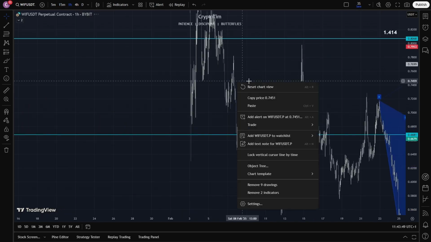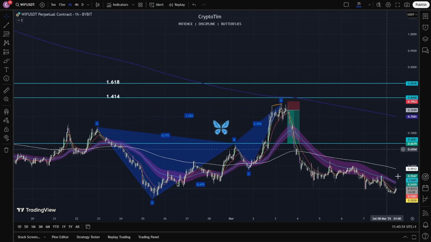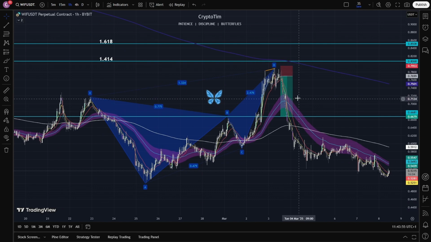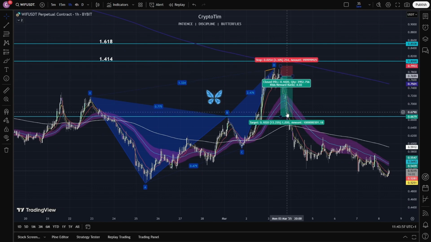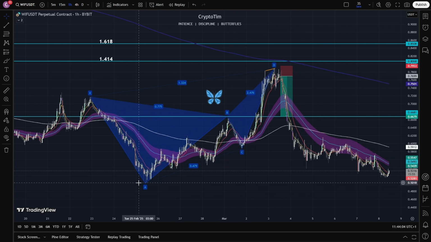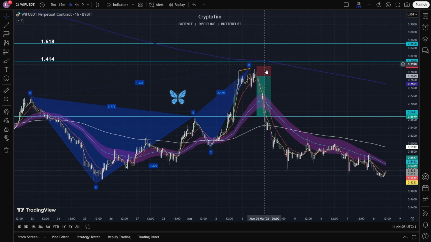If we zoom out a little bit, we can see the harmonic pattern played out pretty much perfectly. We did have this drop into our B level. They decided to go even further, clear the C level, and are almost on their way to the A level right now. So we could have ridden the short longer, but it doesn't matter for us.